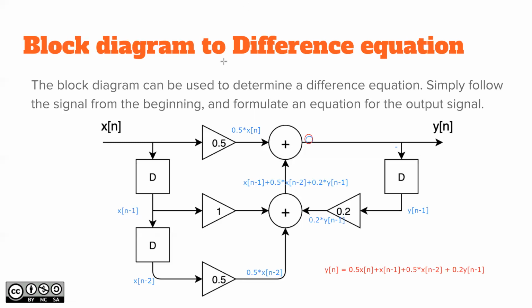And if the difference equation is made from the optimized block diagram, then the difference equation is also the optimized formula for how to calculate the system. Okay, so that's how one of the exercises will be done today.